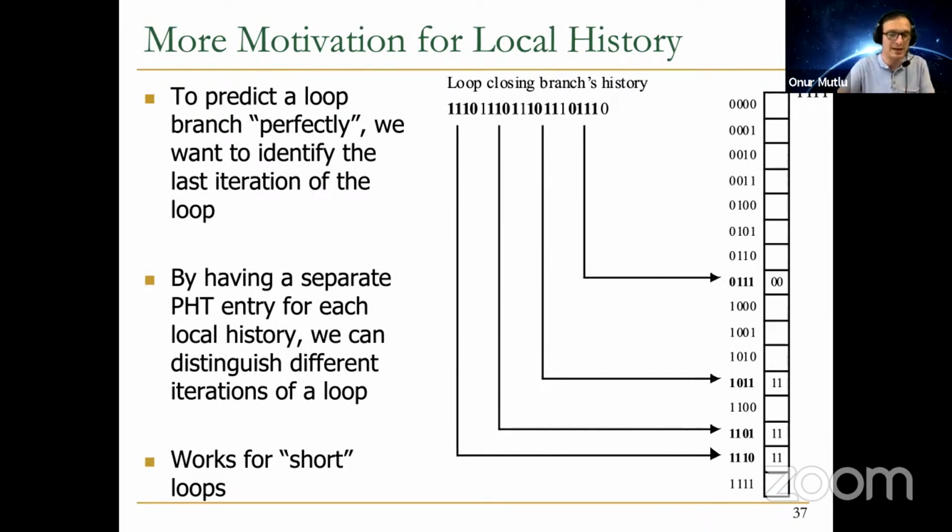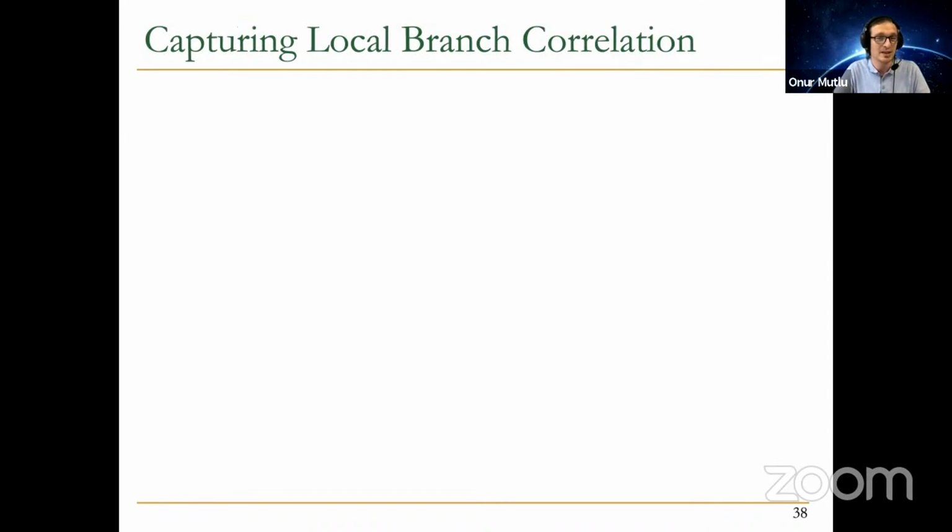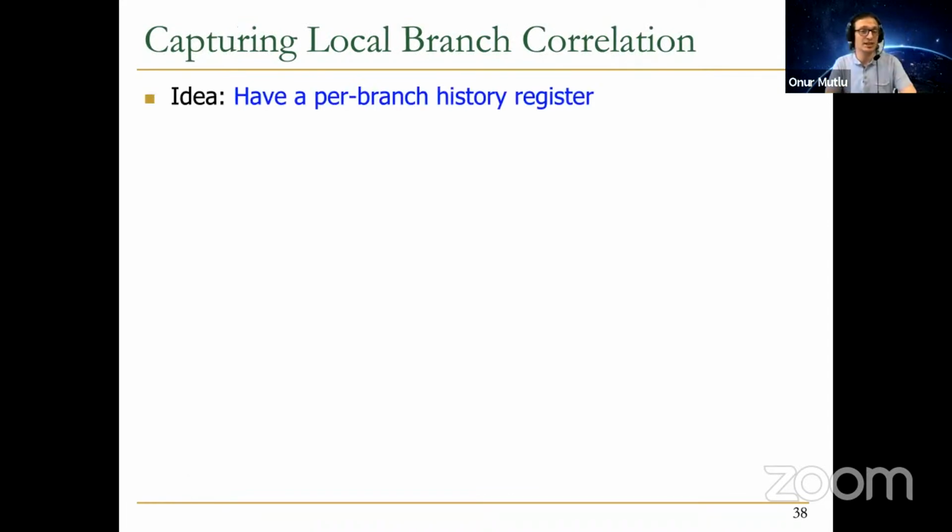There are other reasons why this works, which I'm not going to get into right now. But to capture this correlation, you want to have a per branch history register, essentially. Instead of having a global history register that incorporates taken, not taken outcomes from all branches, let's have it per branch or per set of branches, since per branch could be impossible, right? Because you may have many, many possible program counters.